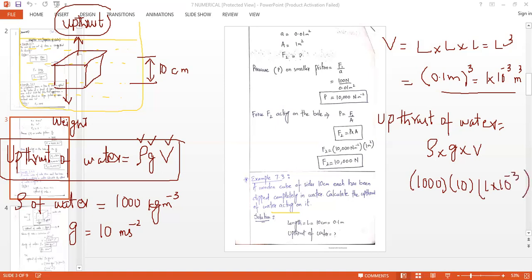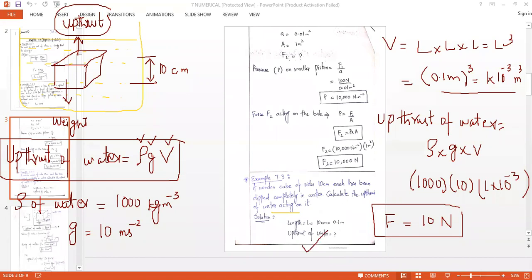So after calculation, the upthrust force equals 10 Newton. This is how we find the value of upthrust force systematically.